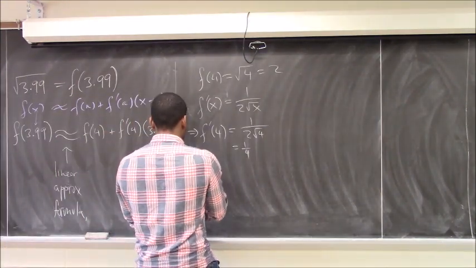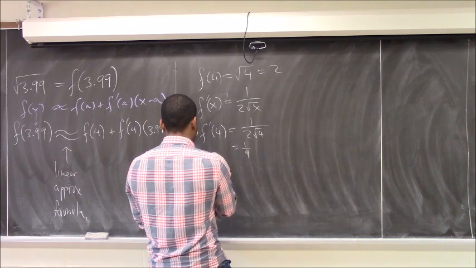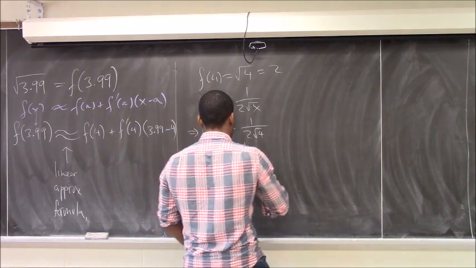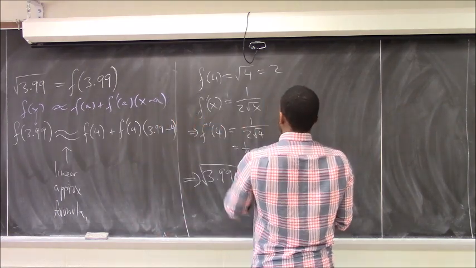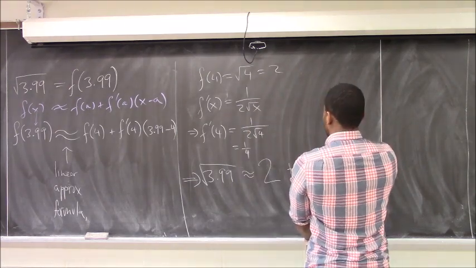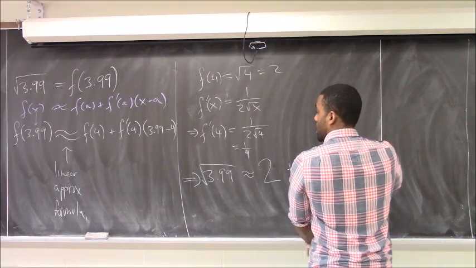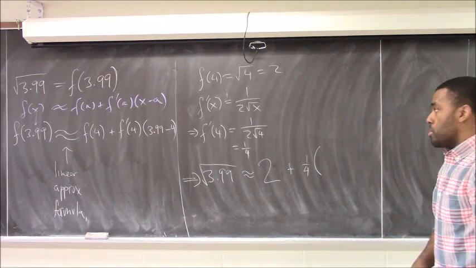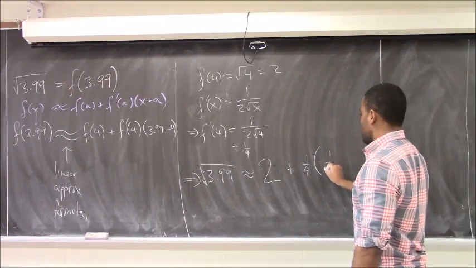So this means that the radical of 3.99 is approximately equal to 2 plus 1 over 4 times 3.99 minus 4, which is roughly minus 1 over 100, right?